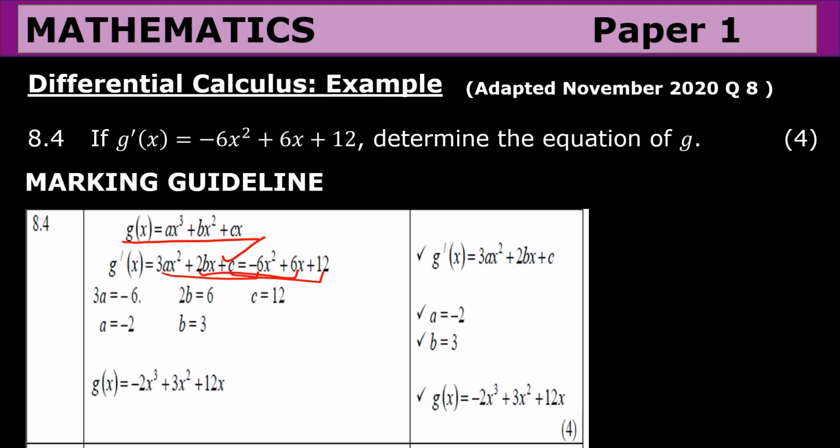In that way, a would be equal to -2, b would be equal to 3, and c would be equal to 12. But that is not for marks, as you can see from our memorandum. What is for marks, though, is us writing down that equation of g, since that was the question in the first place, to determine the equation of g.